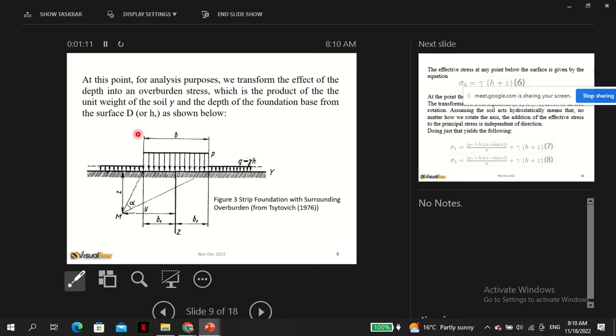The width is B, and this is a better representation of what we are saying. So this is B1 and B1, and this is the midpoint. I think that should be self-explanatory.